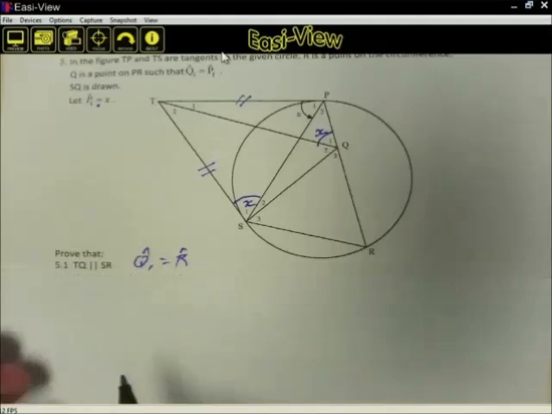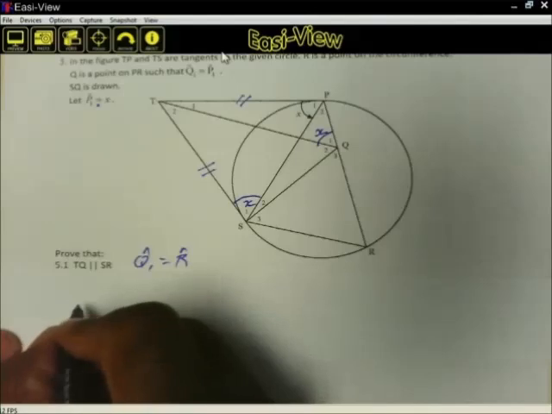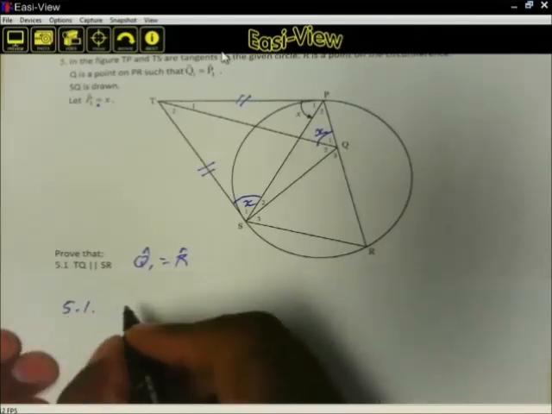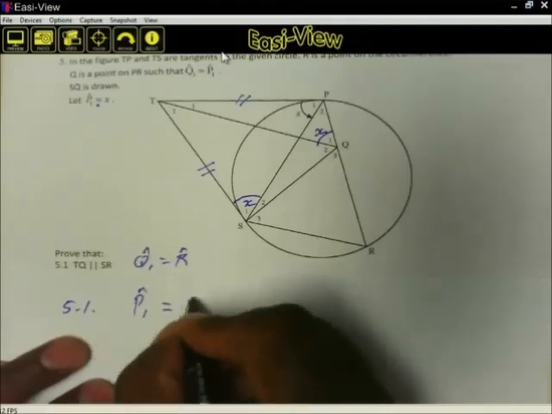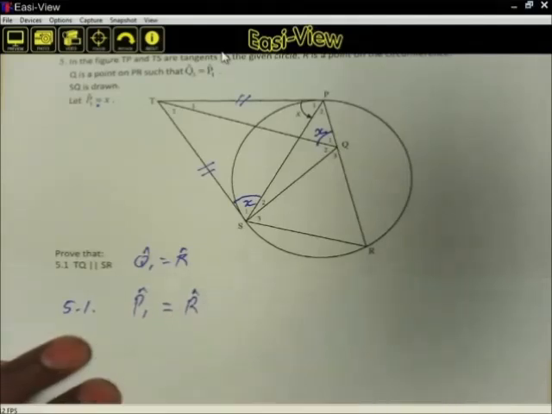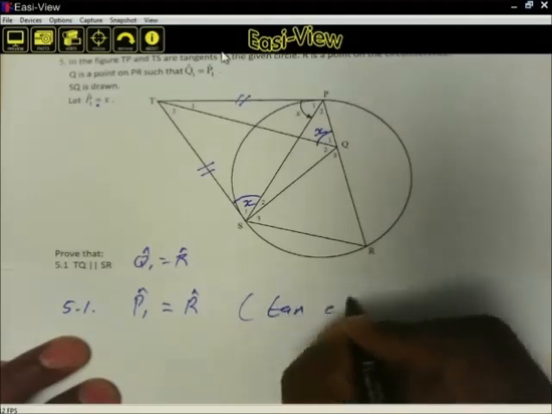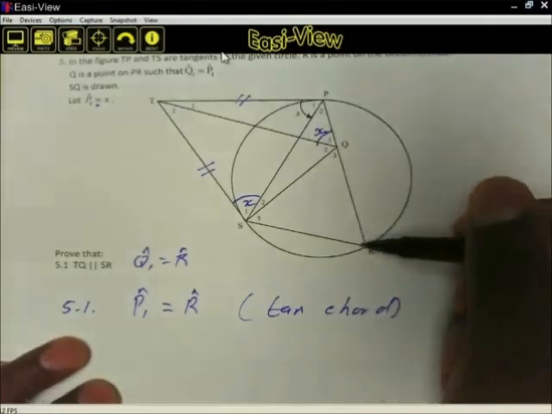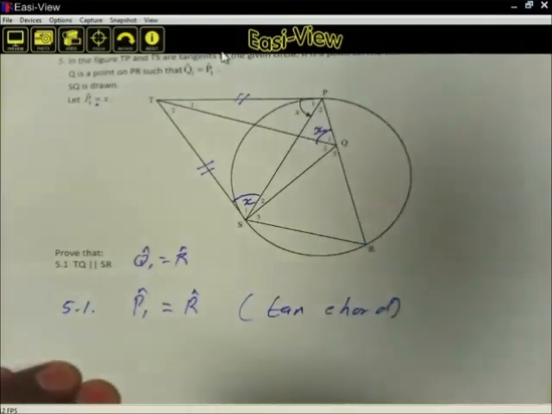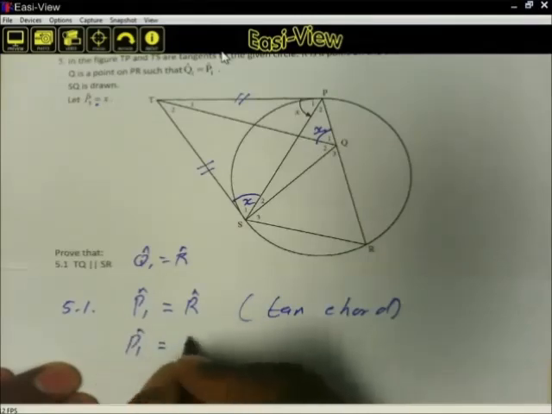Let's go. Number 1, P1 is equal to R. Reason? Tan chord. Again, remember, P1 is equal to Q1.